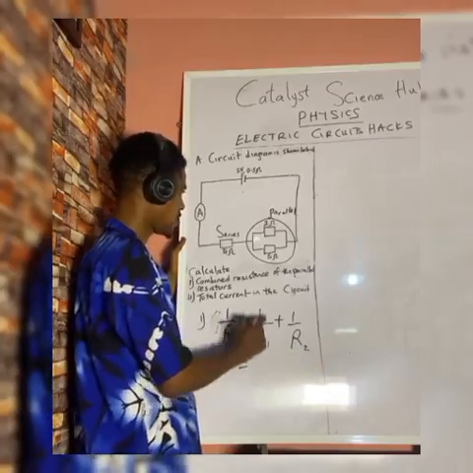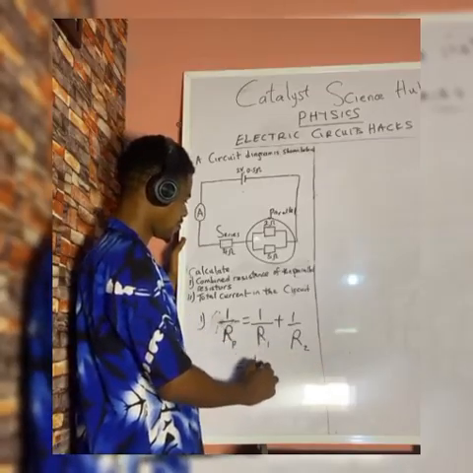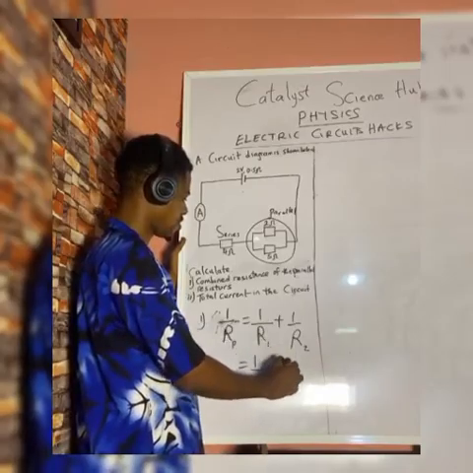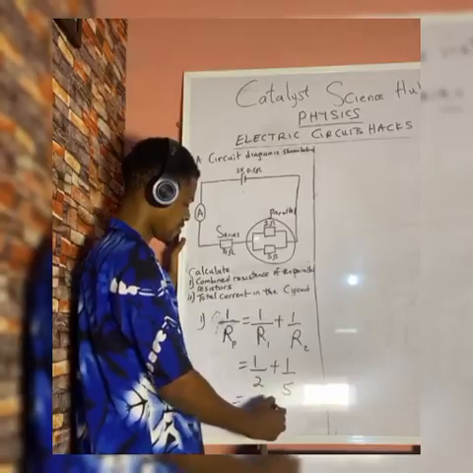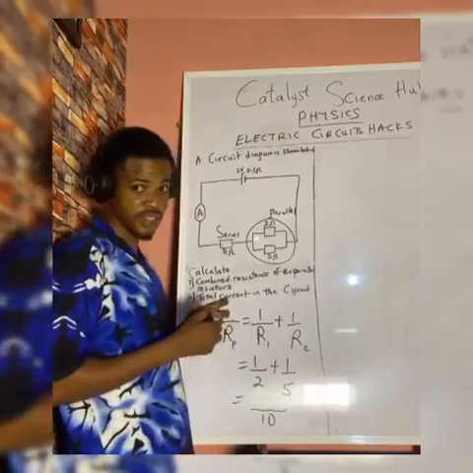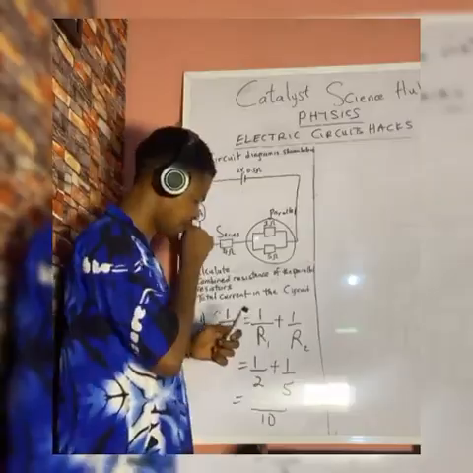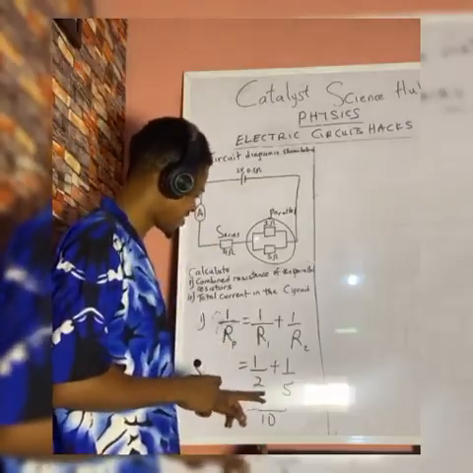So we have 1 over 2 plus 1 over 5. The LCM of 2 and 5 is 10.